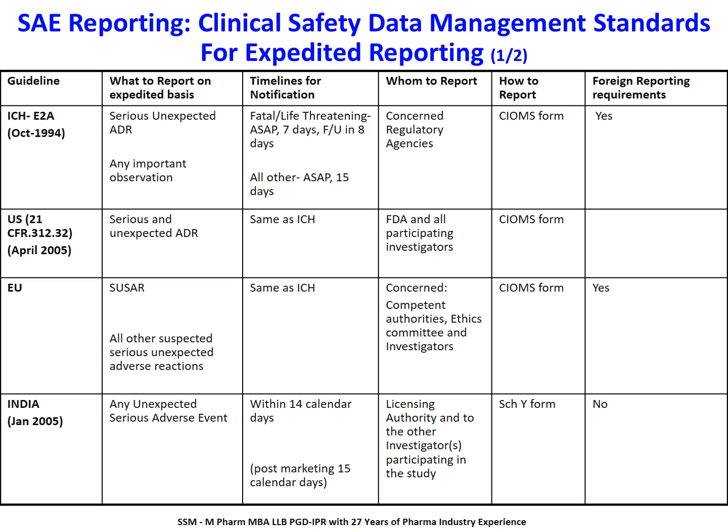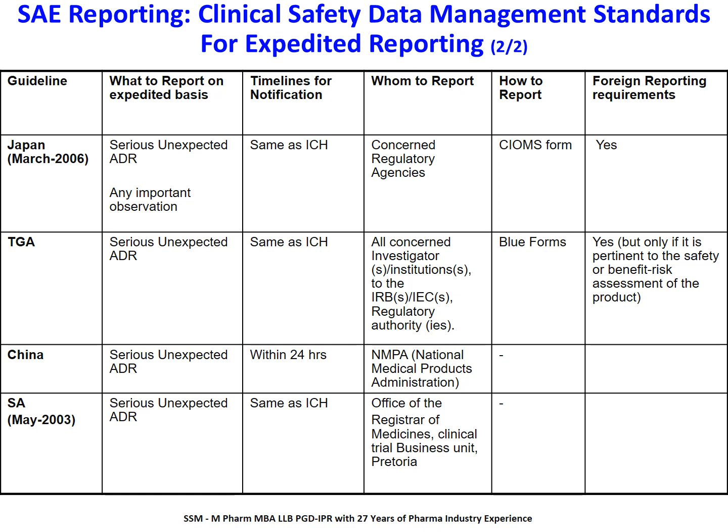In the EU also, reporting is as per ICH guidelines. In India, any unexpected serious adverse event should be reported within 14 calendar days, and if the report is post marketing, then it should be reported within 15 calendar days.